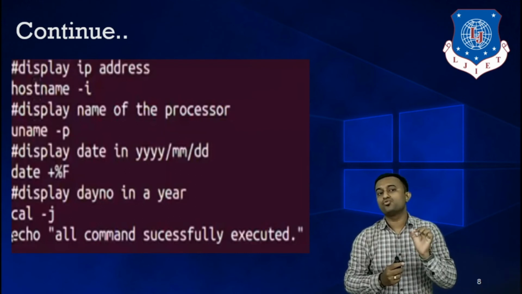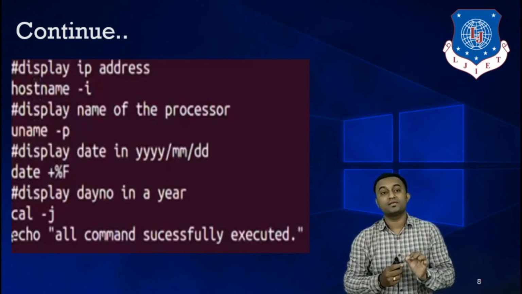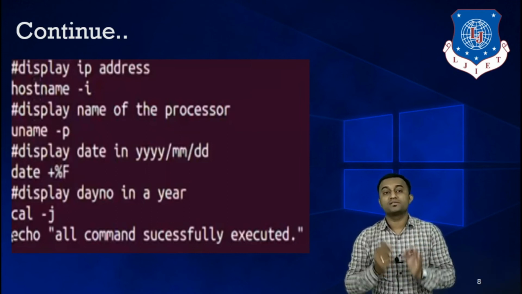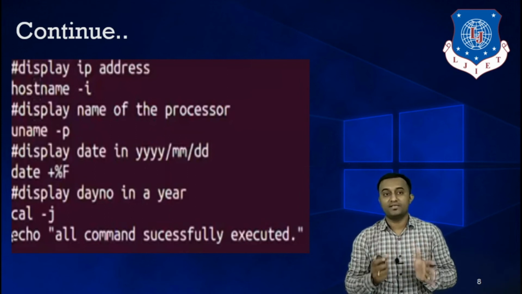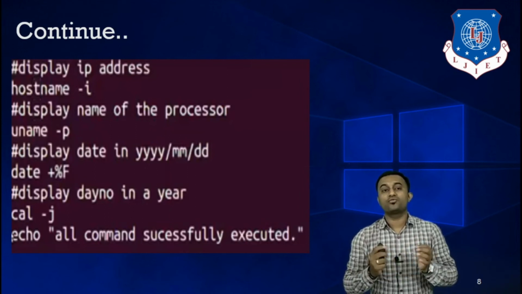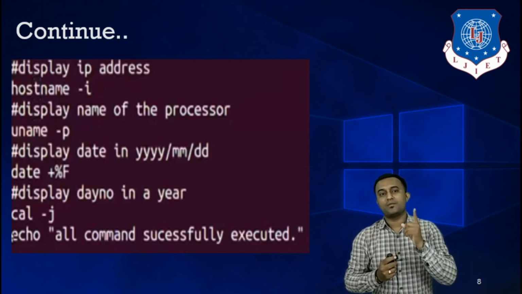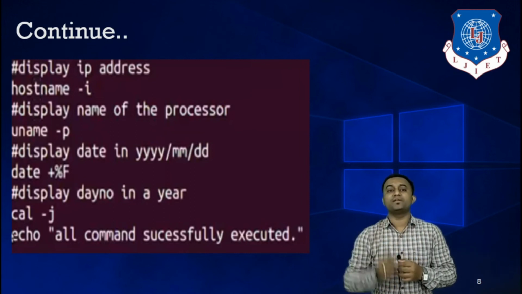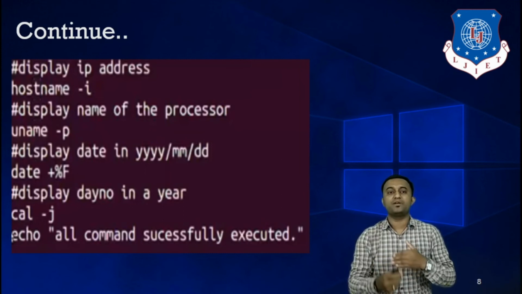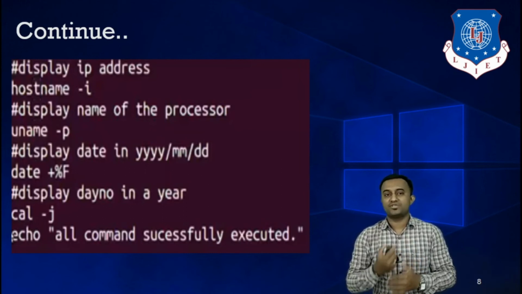So whenever you start any statement or sentence with hash, it will be considered a comment, so it will not be displayed in the output. In this case, the comment I have mentioned is to display the IP address of my machine.